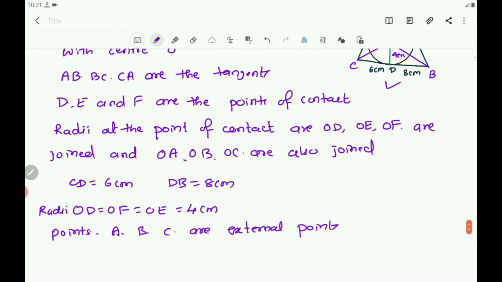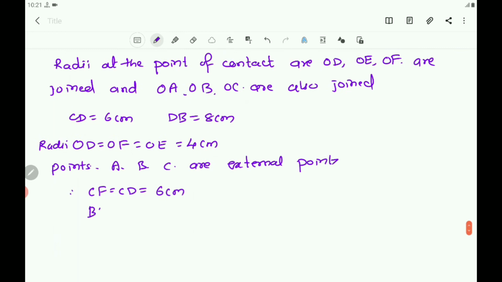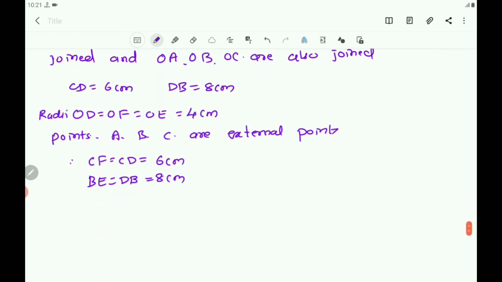Therefore you write CF is equal to CD, that is equal to 6 cm, and also BE is equal to DB, that is 8 cm. And let us consider AF and AE are not given, so let us consider they are X. So you take AF equals AE equals X.